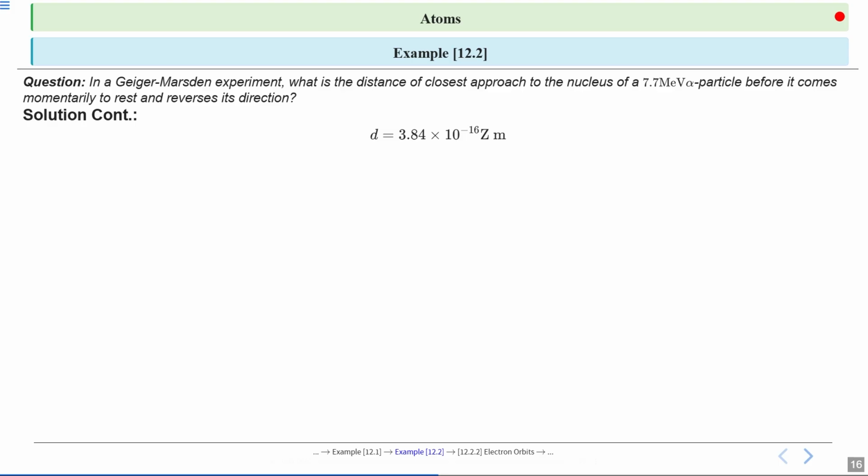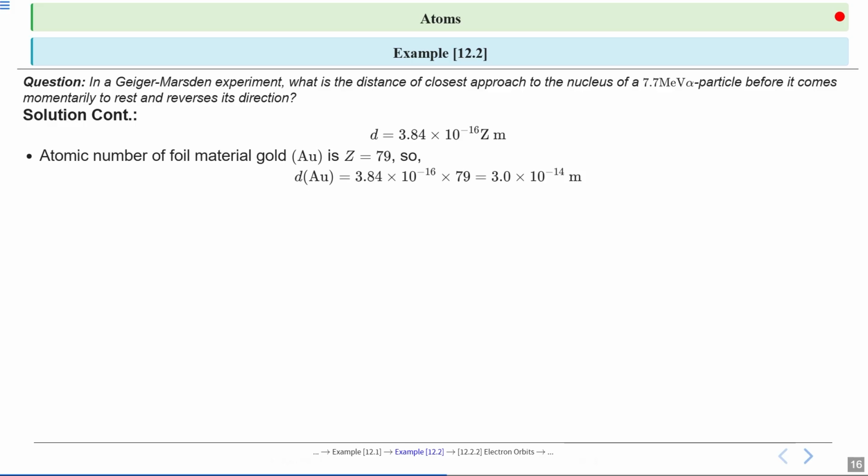This formula tells us that distance depends directly on the atomic number. So a higher Z means greater repulsive force and a larger distance. Now let's apply this to gold, which is the material used in this experiment. Gold has an atomic number Z equal to 79. By substituting this value into our formula, we can calculate the actual distance for a gold nucleus.